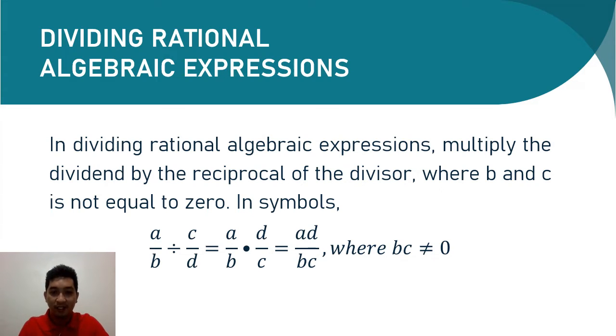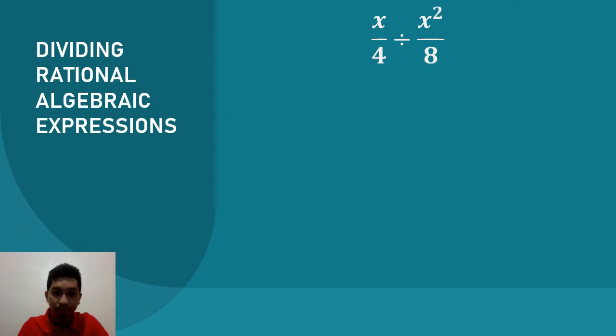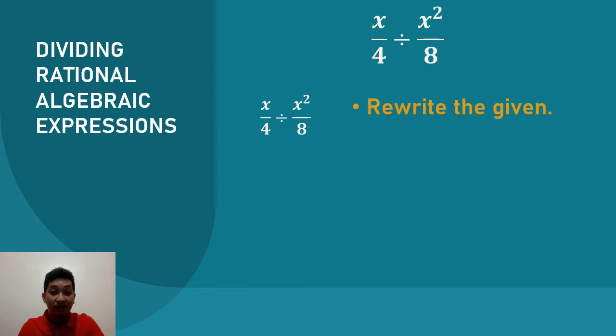Okay, so for you to get it more, here's the example. Okay, so you are given x over 4 divided by x squared over 8. Okay, so division. So what's the first step? You just have to rewrite the given.